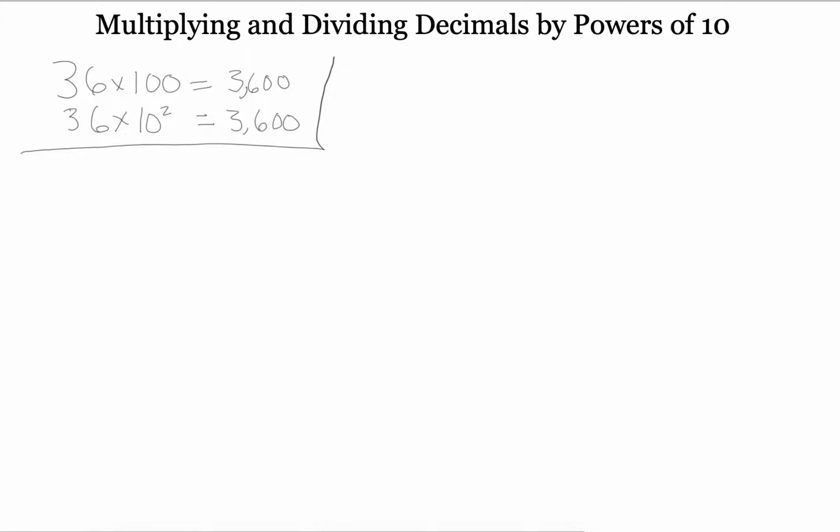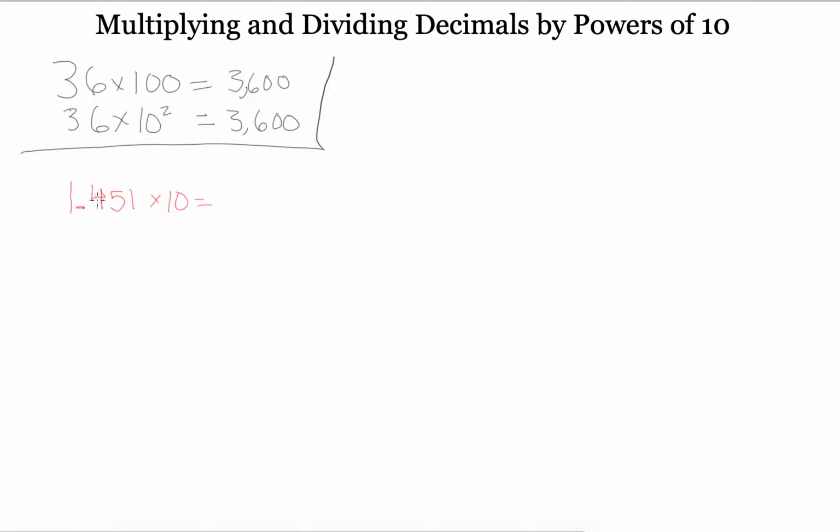So let's start with an easy decimal just to begin with. We're going to start with 1.451. So 1 and 451 thousandths. And we're going to multiply this by 10. So what we do in this type of question is the same thing we did up here.